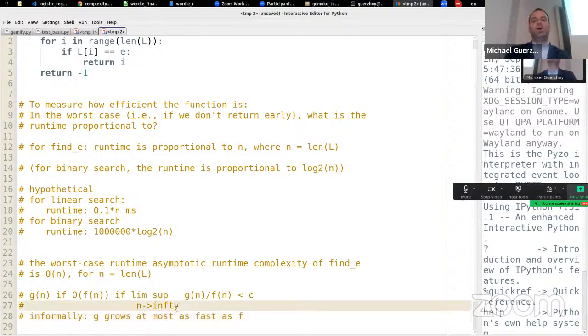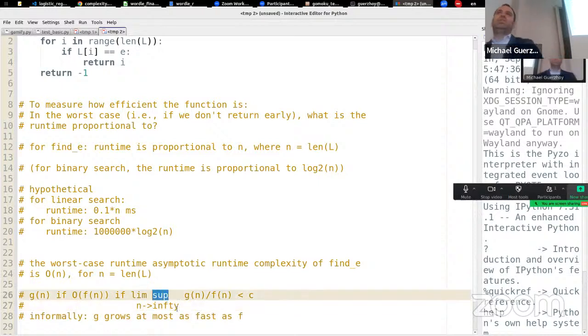Lim sup is something that I'll define in a second, but for now, ignore the sup and just think about the lim. If n goes to infinity, what we're saying is that this ratio cannot become infinity.